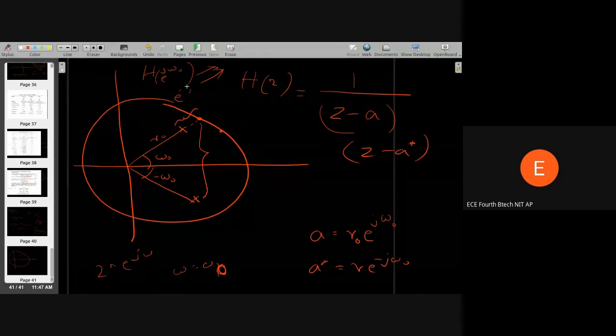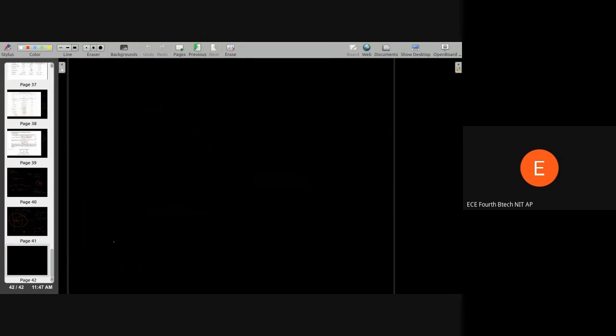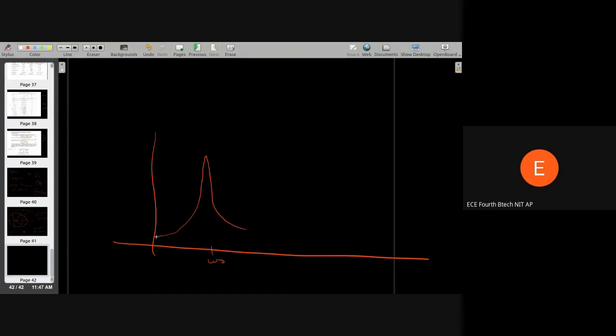Similarly, e to the power minus j omega naught also becomes very high. So if you plot the Fourier transform, you will find a very high value at omega naught, and similarly at minus omega naught.